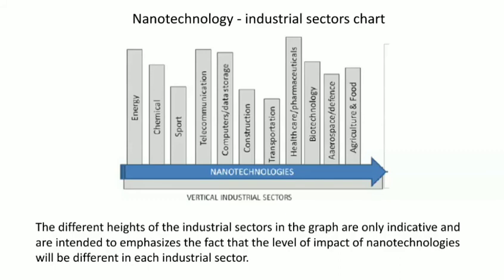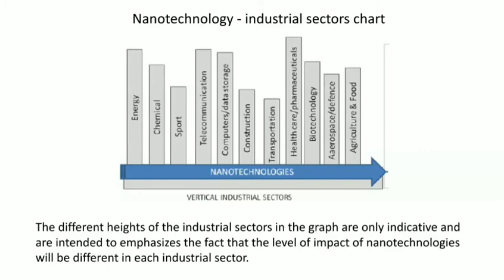As you can see, nanotechnology is cutting across all vertical industrial sectors like energy, chemical, sport, telecommunication, computers, construction, transportation, healthcare, biotechnology, aerospace, agriculture, and food. So every sector of industry has benefited from some sort of nanotechnology.